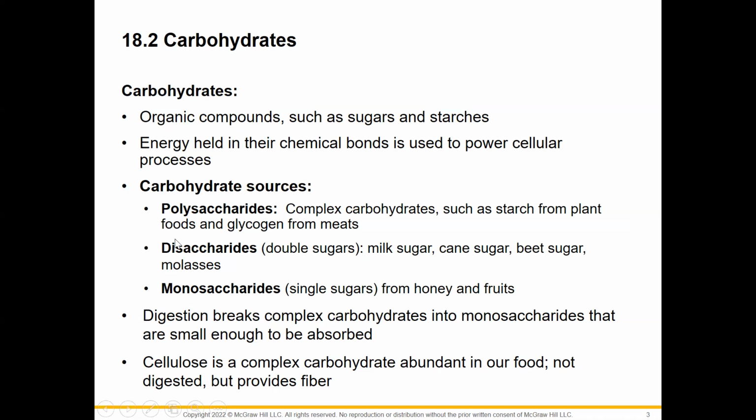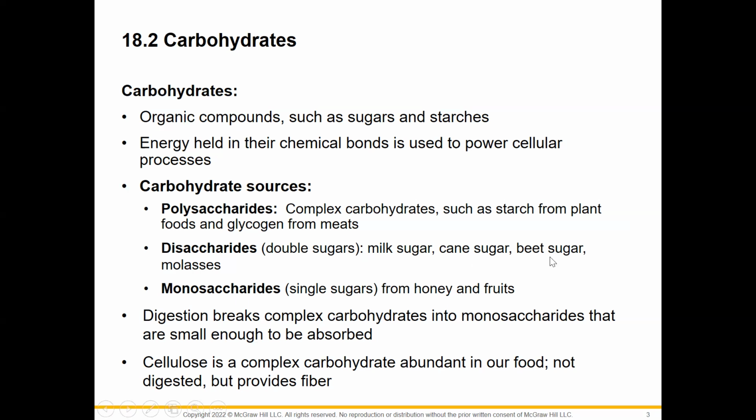A disaccharide, two sugars or double sugar, includes your milk sugar, lactose, and cane sugar. Cane sugar is one of the more popular sugars that we find in our foods. Usually we'll be eating cane sugar. Then beet sugar.